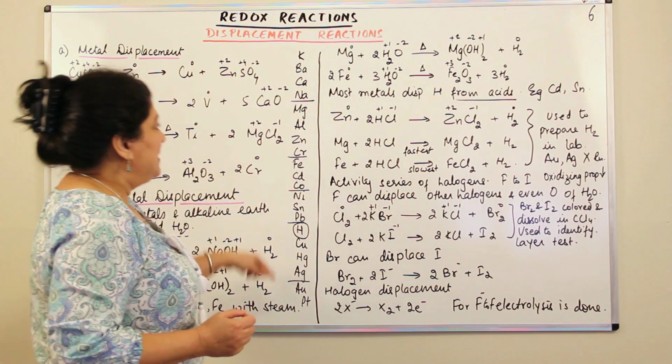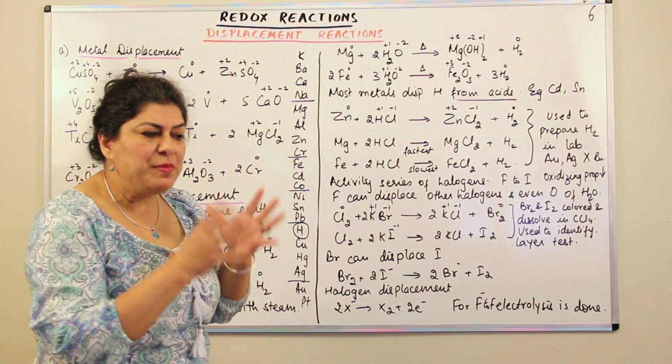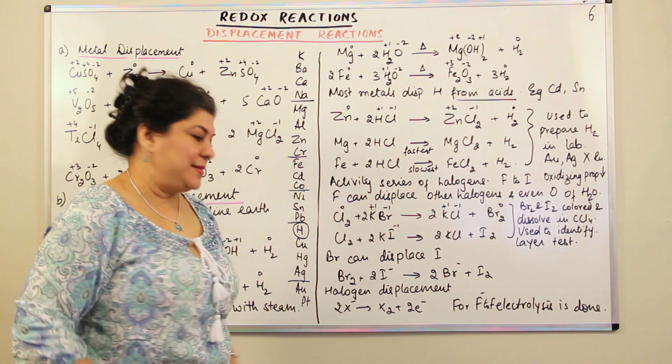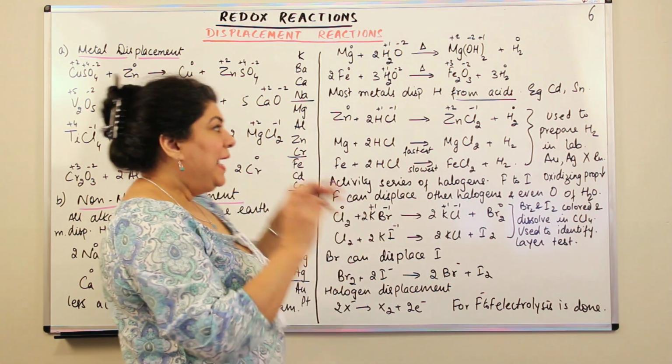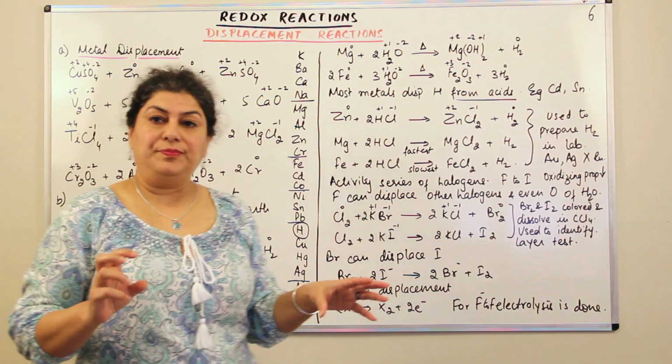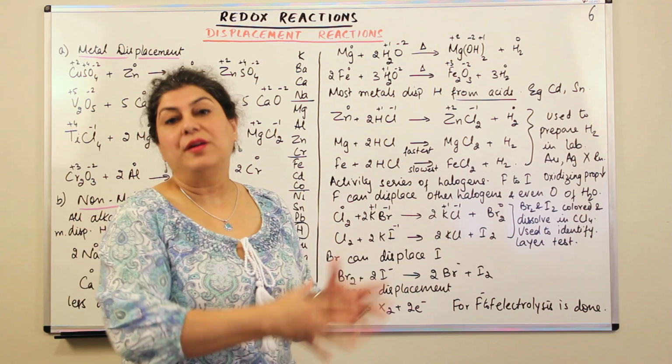Now, why is the reactivity series important and why must we learn it, and what does it tell us? When you are talking of displacement reactions, any metal which is stronger has the ability to displace a weaker metal.